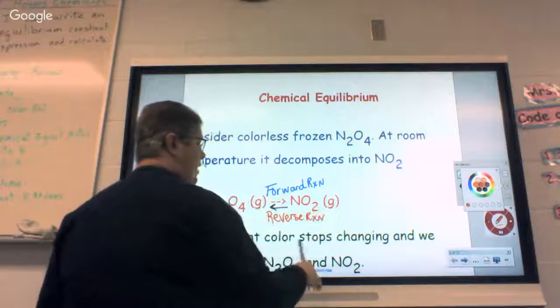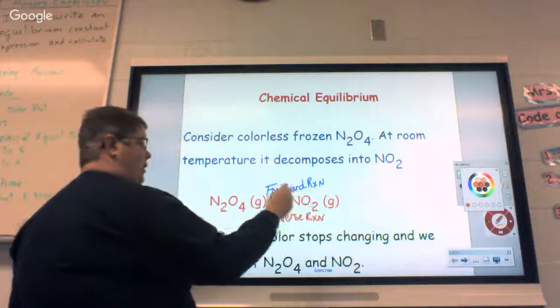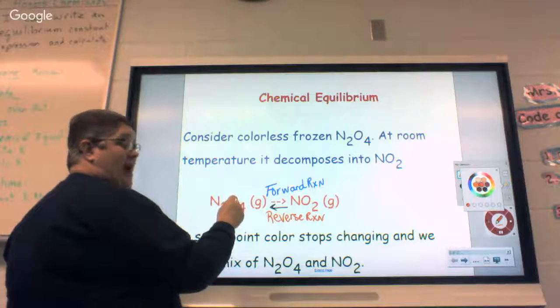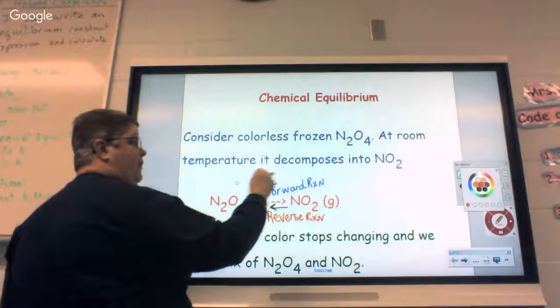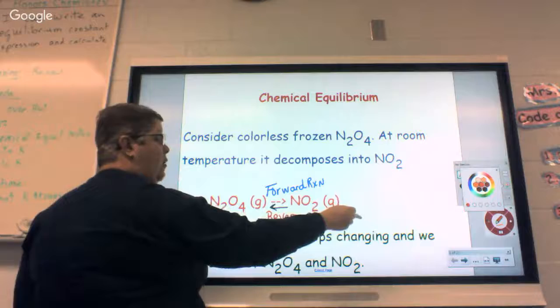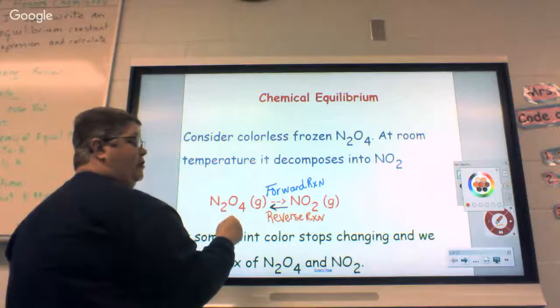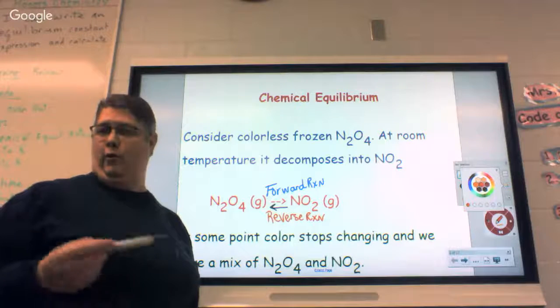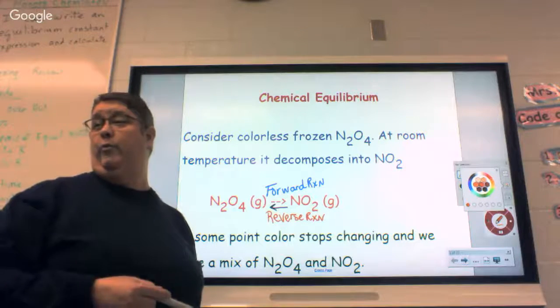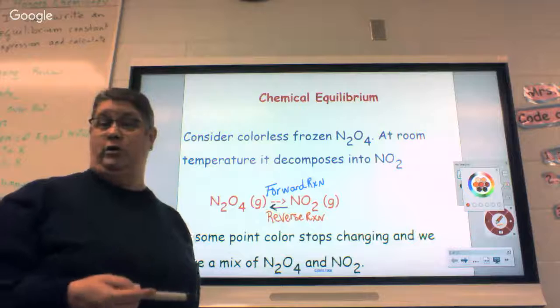Okay? So if we start at NO2 and we go to this side, that's the reverse reaction. So when the rate of the forward reaction equals the rate of the reverse reaction, we are at what? We're at equilibrium. You don't even have to say chemical equilibrium. You can just say equilibrium and that works.